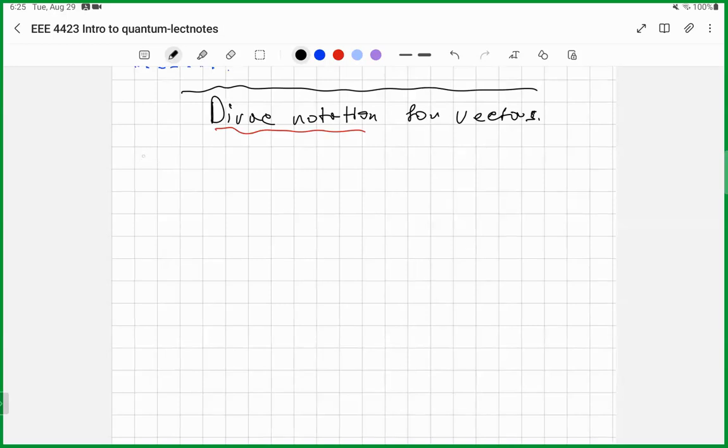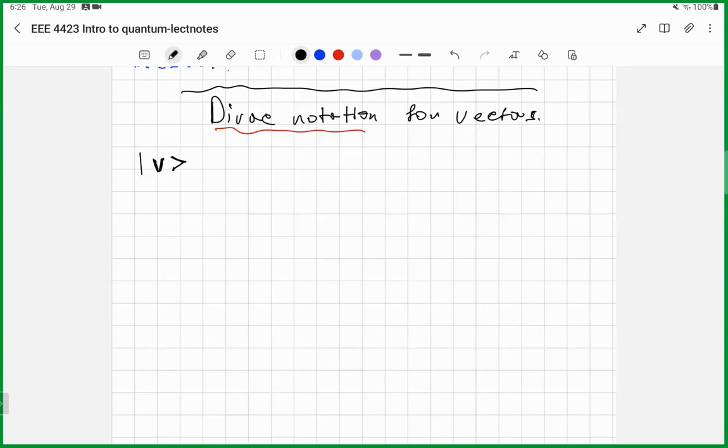In this notation, the ket vector is denoted by this. So v stands for the name of the vector, and then I place this name of the vector between a vertical line and this angular bracket, right?